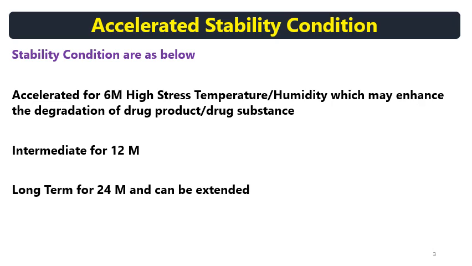It has high stress conditions like higher temperature and humidity, which may enhance the degradation of drug product or drug substance. Intermediate studies are generally performed for 12 months and long terms are performed for 24 months, and these can be extended.